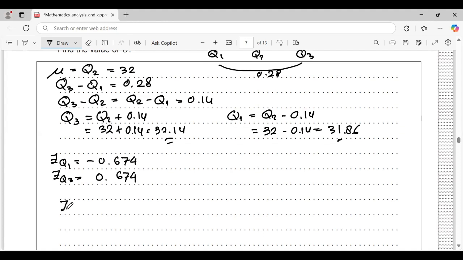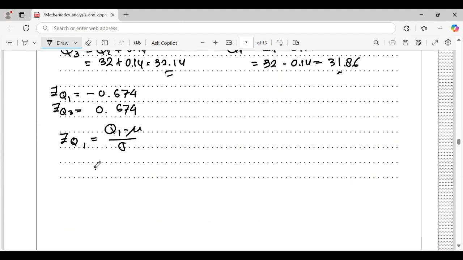So we can find the z-score of the first quartile: first quartile minus mu, or minus the second quartile, divided by sigma.